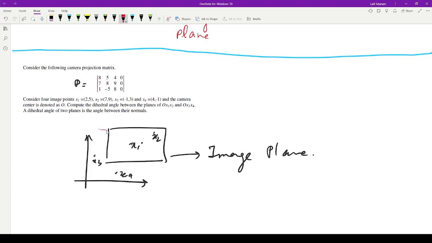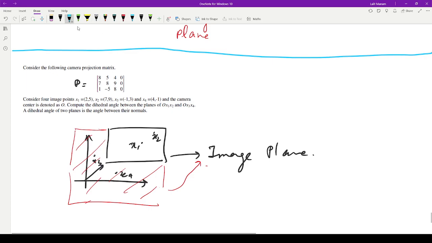So just to let you know that the whole thing is on the plane, and this is the 3D coordinate space. The red one is the image plane that we are looking at. So compute the dihedral angle between the planes O, X1, X2. We have planes O, then X1 and X2.